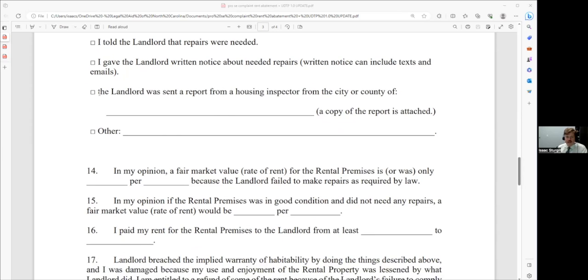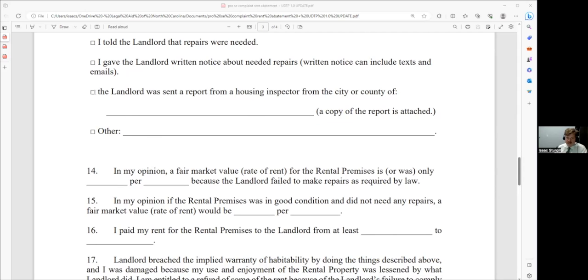The next one is if a tenant calls and gets a code inspection done from a county or a city code inspector, usually the inspector will write up an inspection report and then send a copy of it to the landlord. So if that happened, that's another way the landlord could have gotten notice. That's not really notice from the tenant, but it's notice from the city or the county that the landlord's property is out of compliance.